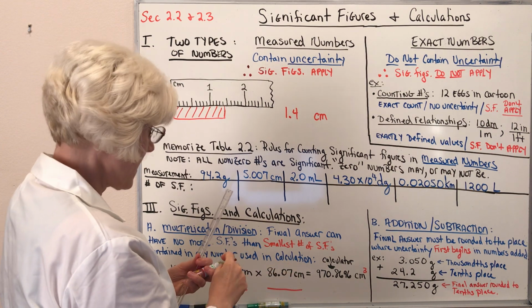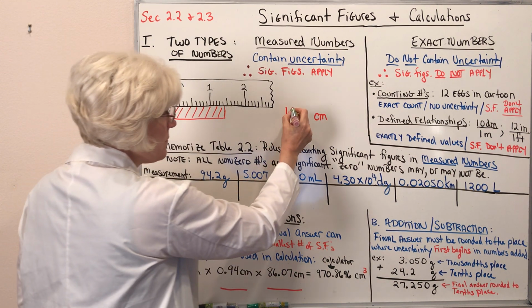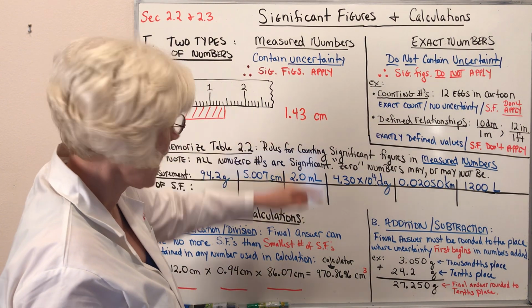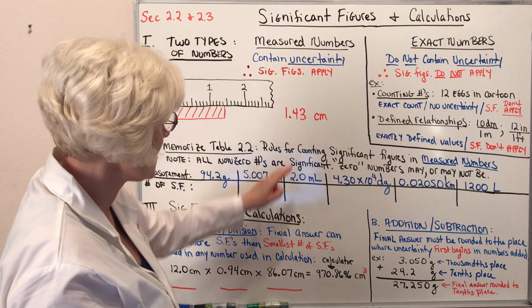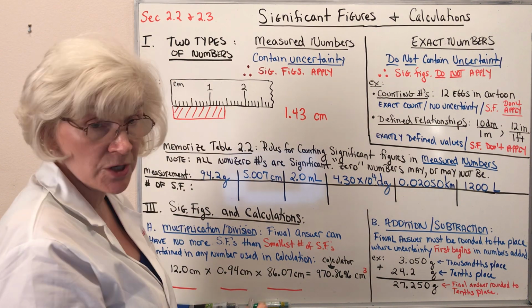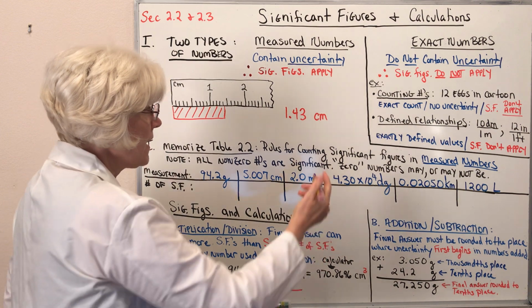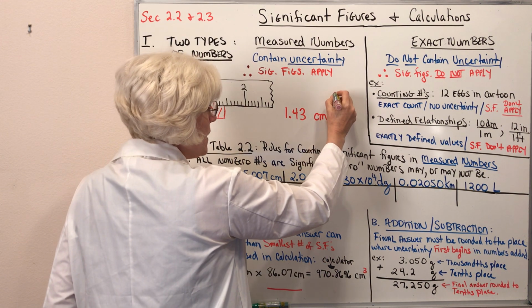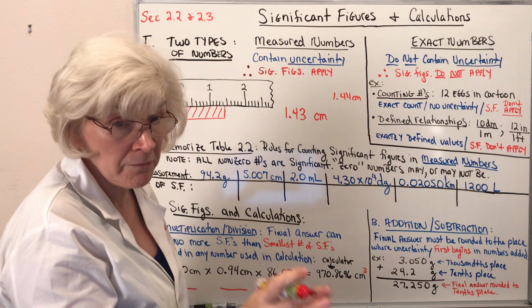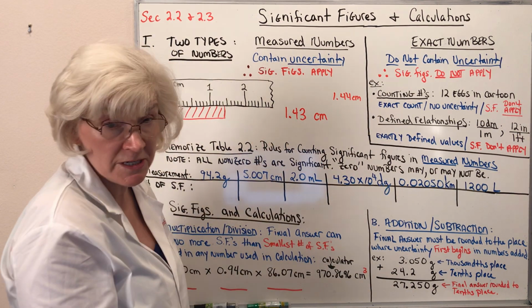I'm kind of estimating here, and I would probably report this number as 1.43 centimeters for the length of this object. But if you reported 1.44 centimeters, I wouldn't mark you wrong. There is some uncertainty there.